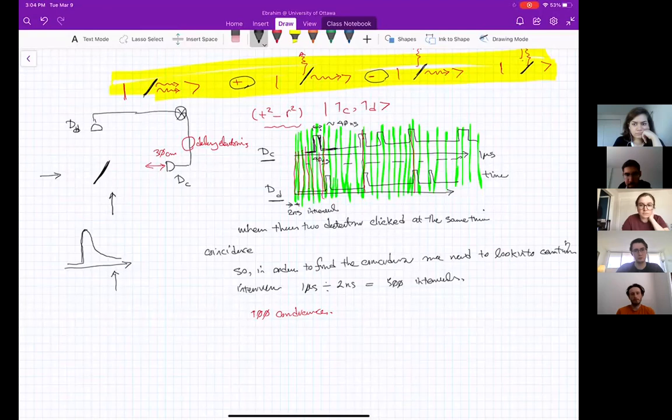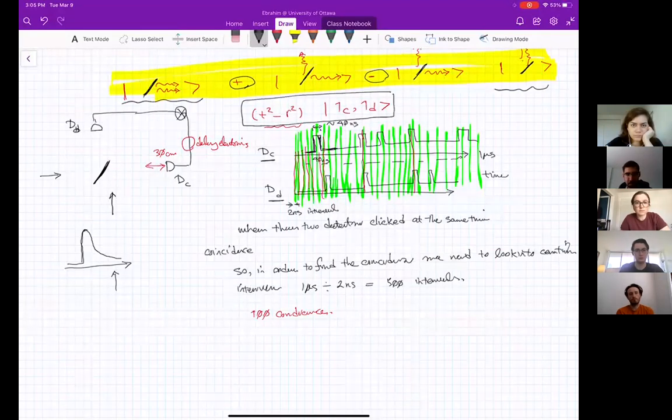The T squared minus R squared, the one that has a photon in C and another in D? Exactly. This is the only case that contributes to both detectors at the same time. The other 2, this one and the first term, contribute to one of the detectors only. The 2 photons will go either to detector C or to detector D. They don't go to both at the same time.